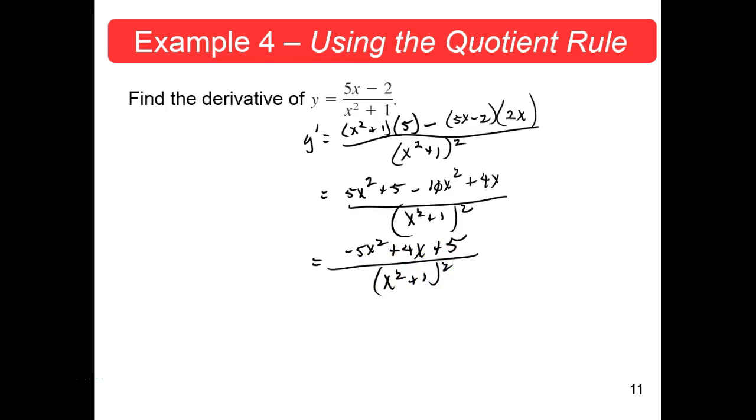Now, if there was any reason in the world that you might expect this to factor some way that you could get a factor of x squared plus 1 out of it, you might want to try to do that. Okay? And sure enough, nope.